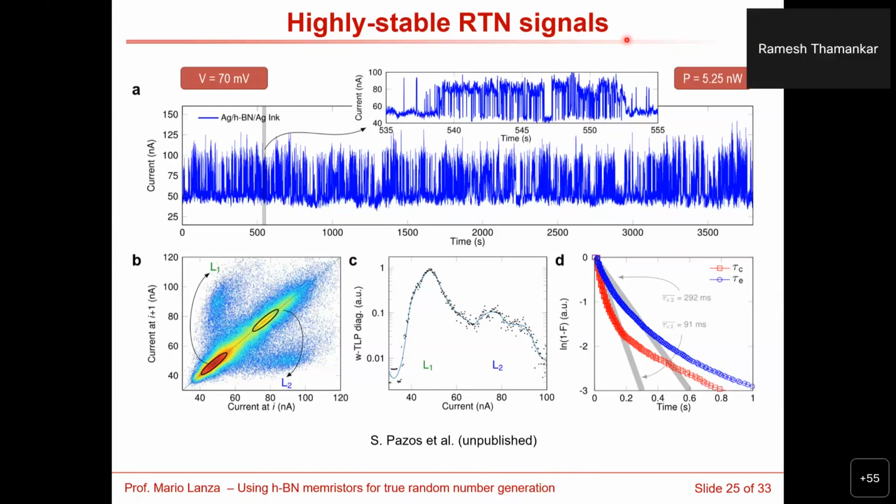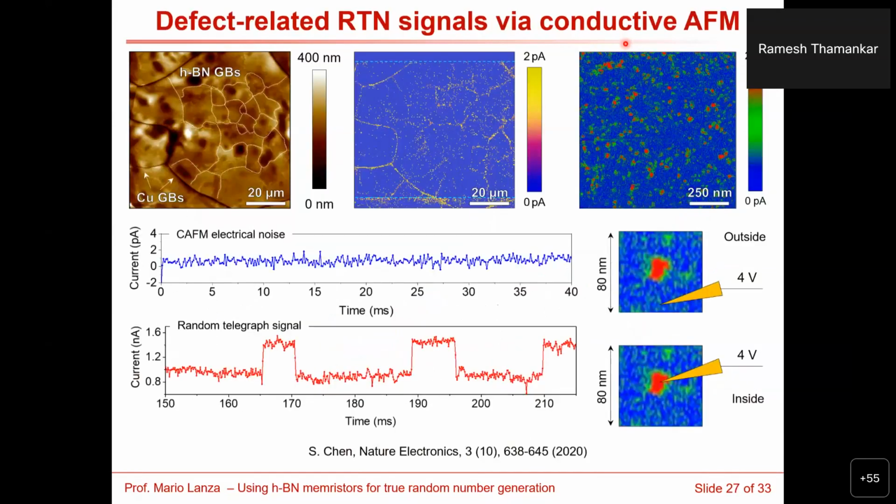Yeah. So in slide 27, you showed the AFM images of grains, grain boundaries, and traps. Do you see a different telegraph noise if you measure the RTN in the grain, the RTN in the grain boundary, for example, and the RTN in the location where grain boundaries meet together? Do you see any differences in the RTNs you measure?